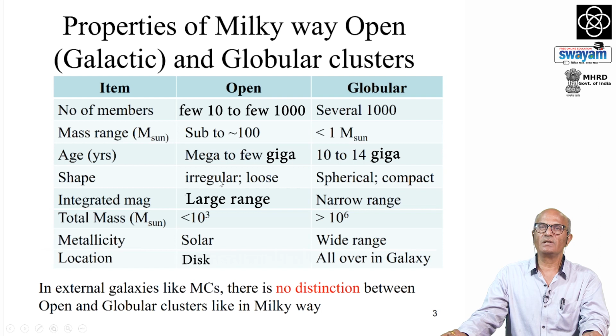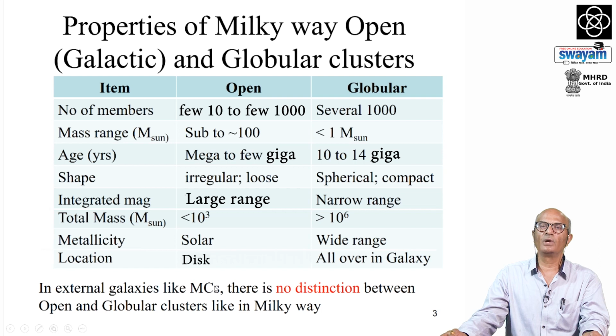So, these differentiations that I have just discussed, which are valid for our galaxy, disappear if we see a star cluster located in external galaxies.